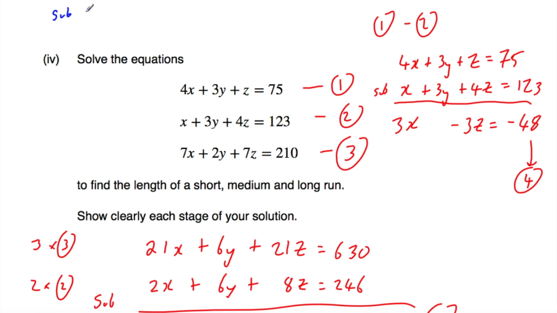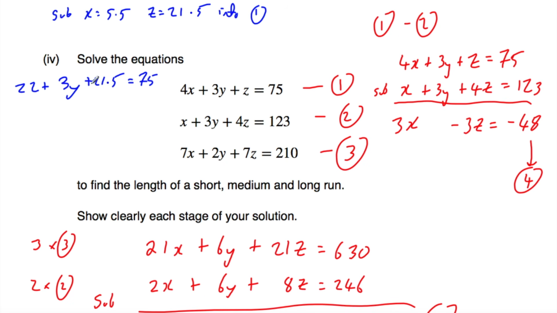So let's sub x equals 5.5 and z equals 21.5 into equation 1. So 4 times 5.5 is equal to 22, plus 3y, and then we've got plus z, which is 21.5, equals 75.